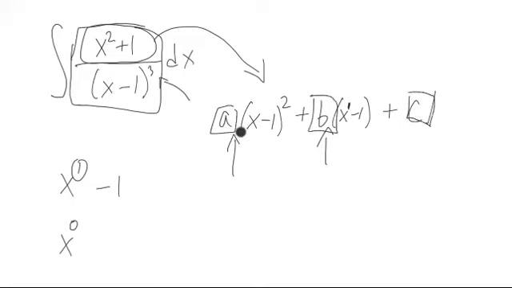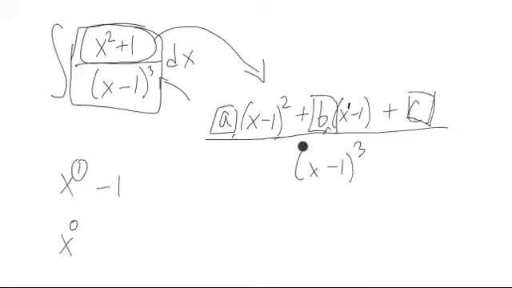So let's do that for a minute. We don't know what those numbers are yet, but that's part of the process. We're going to figure out what they are. If we divide this whole thing by x minus 1 cubed, which is the same as multiplying by 1 over x minus 1 cubed, and multiplication distributes over addition, hence this division also distributes over the addition.